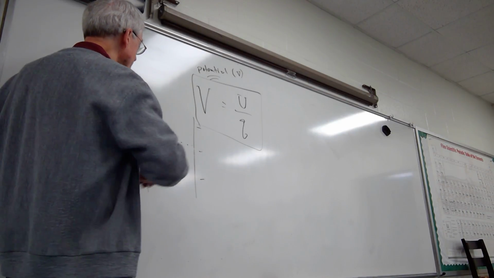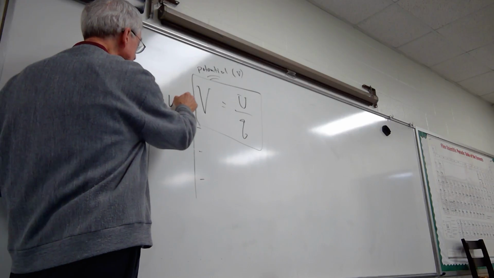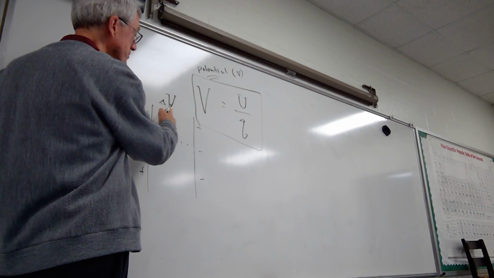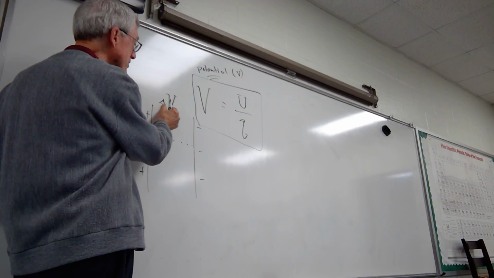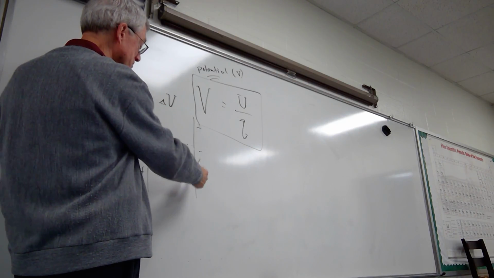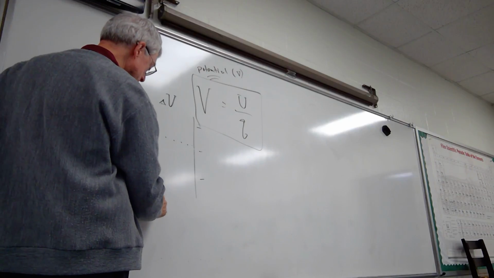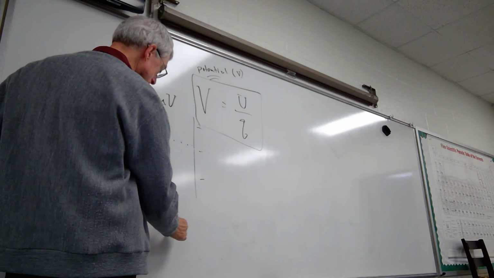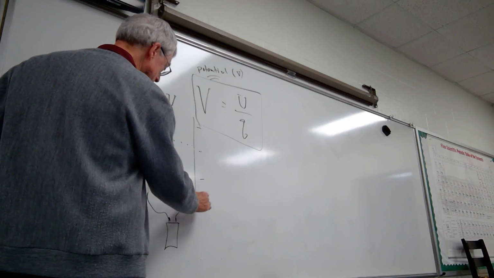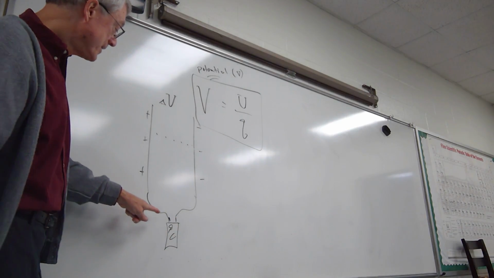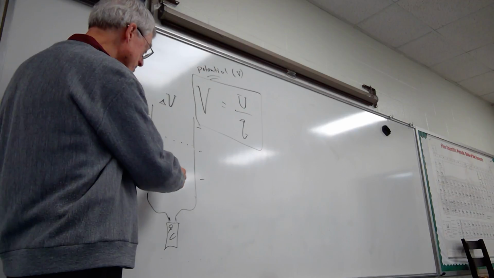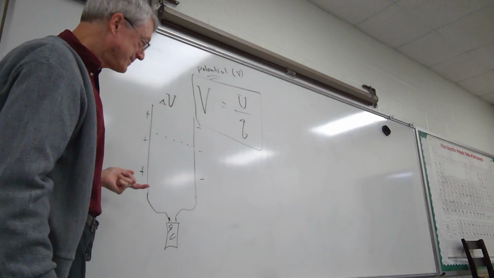Okay, so sometimes you'll see the expression delta V. This is still voltage potential, but that's the potential difference is how that's worded. Between the two plates, there's a potential difference. For example, if you attach these two plates to a 9-volt battery, then the potential difference between the plates is supposed to be 9 volts.